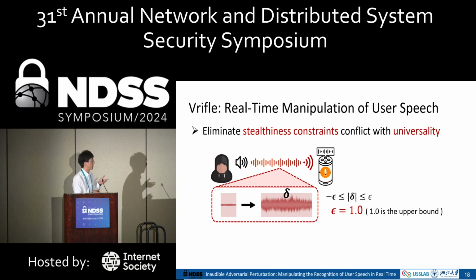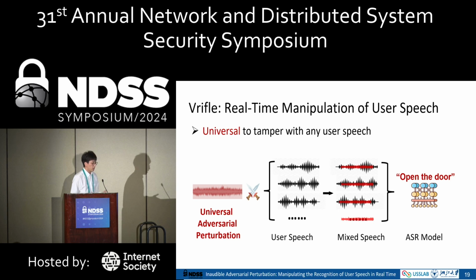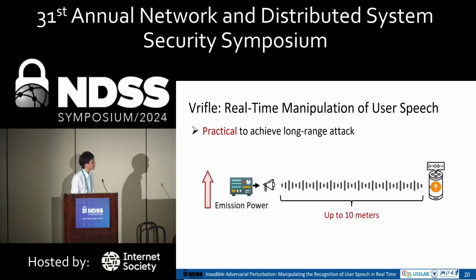Since VRIFLE is inaudible by design, it's no longer limited by stealthiness constraints like prior works, and our perturbation can have large amplitude and unconstrained length, as the picture shows. With such a broad optimization space, VRIFLE is highly universal and can tamper with any user speech, for example, turning it into open the door, regardless of the content the users speak.